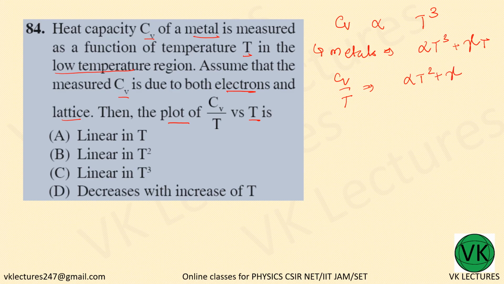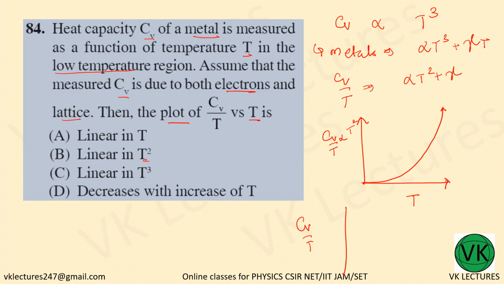Now you have to plot a graph with Cv by T on the y-axis and T on the x-axis. So Cv by T is proportional to alpha T square, so it is proportional to T squared, and you will get a curve in this way. But according to the option, linear in T squared means you have Cv by T on the y-axis and T square on the x-axis.